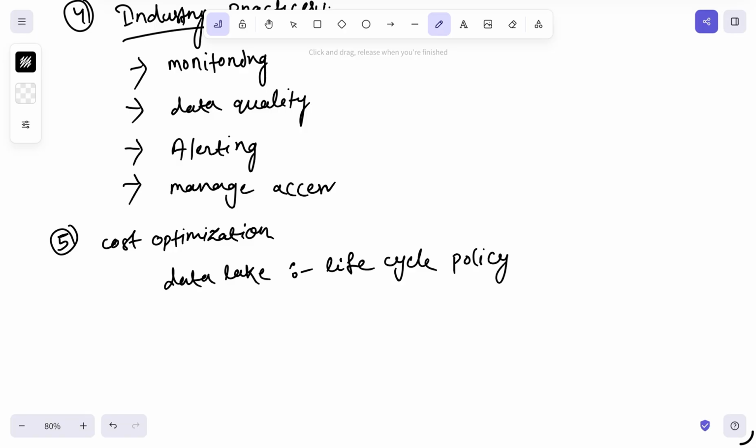In AWS, there are different lifecycle policies, and for ADLS Gen 2 also there are different tiers like hot, cool, and cold, I guess. So we can use those lifecycle policies for our cost optimization.